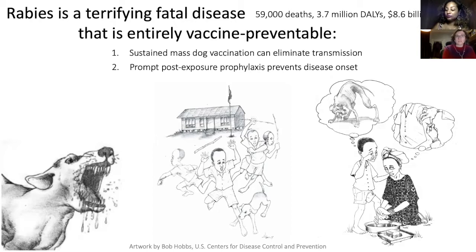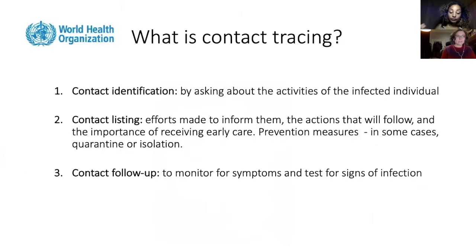The first is eliminating the virus in the reservoir host, the domestic dog, through vaccination. And secondly, by delivering post-exposure prophylaxis to prevent the onset of fatal disease by vaccinating people immediately after they've been exposed to a rabid dog, typically. So those are the 2 main approaches.